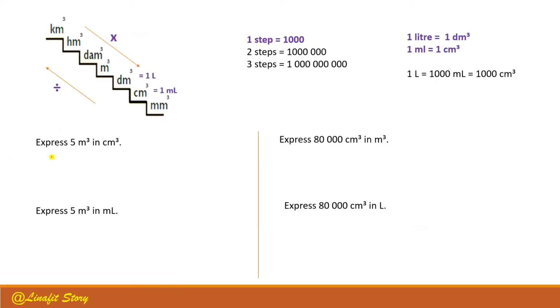Here is another question. Express 5 cubic meter in cubic cm. Step down, 2 steps. So 5 times 1 million is equal to 5 million cubic cm.